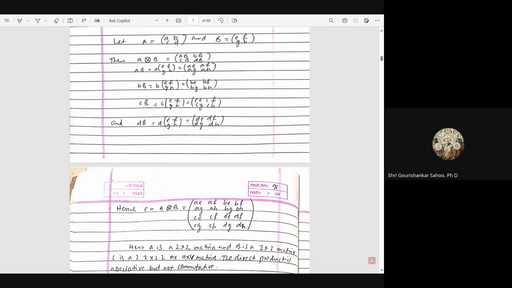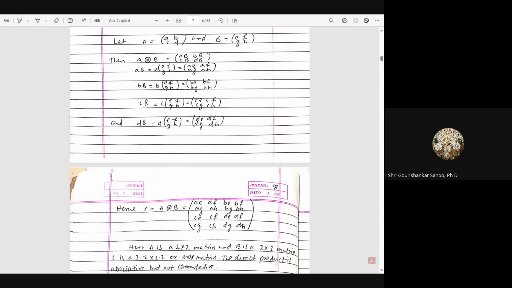Okay, you can see here. Look, there are 4 elements: aB, bB, cB, dB. Now evaluate aB. This will be ae, af, ag, ah, and you will place it in the first part of the resultant. Then your bB will be placed in the second part: be, bf, bg, bh.